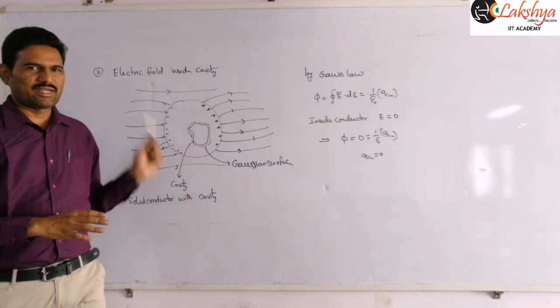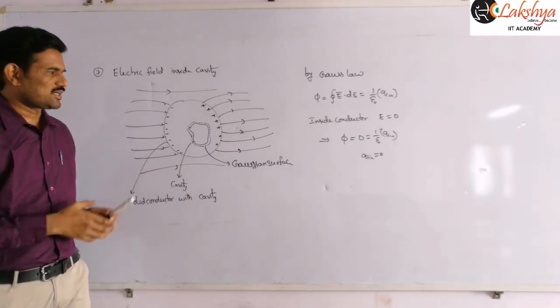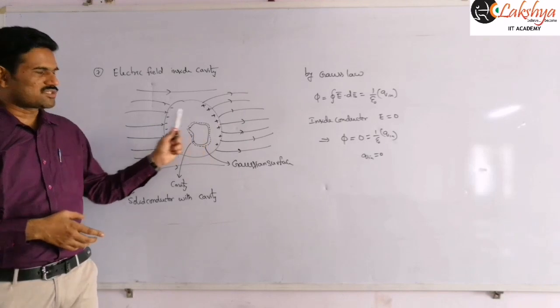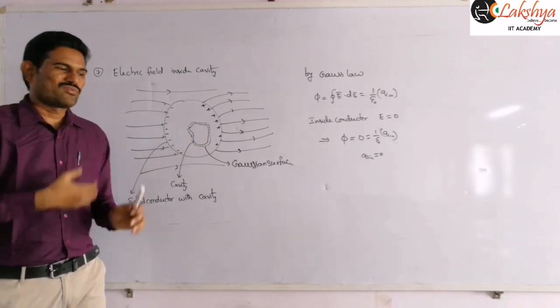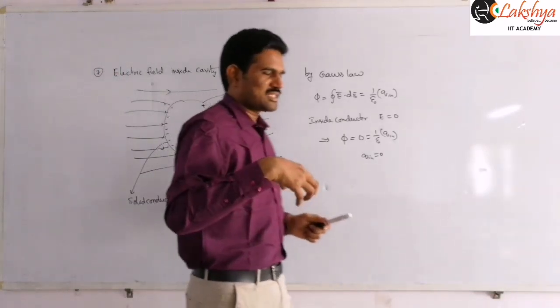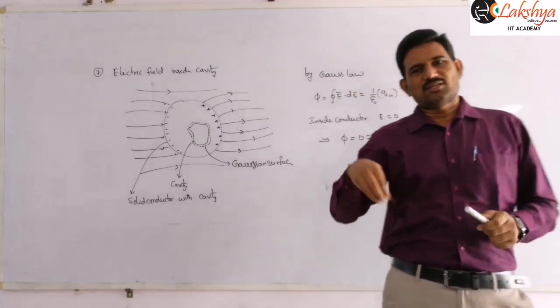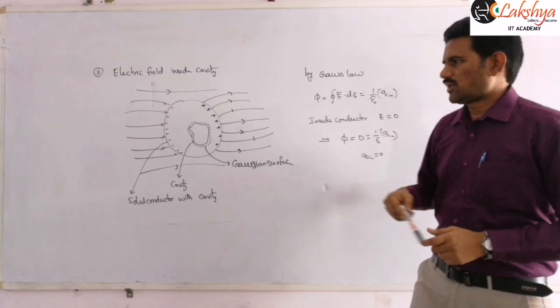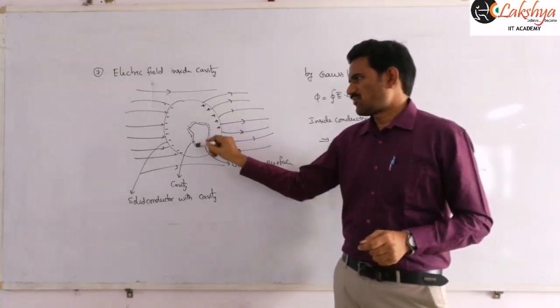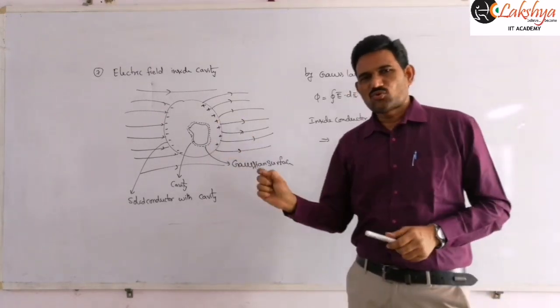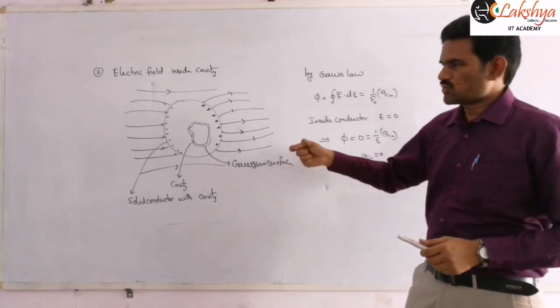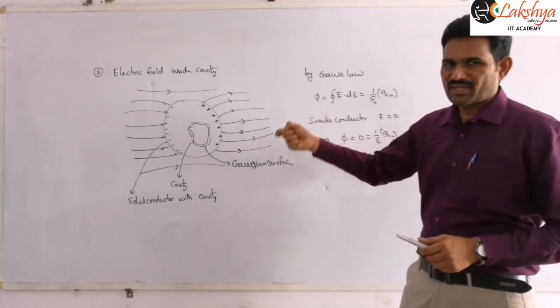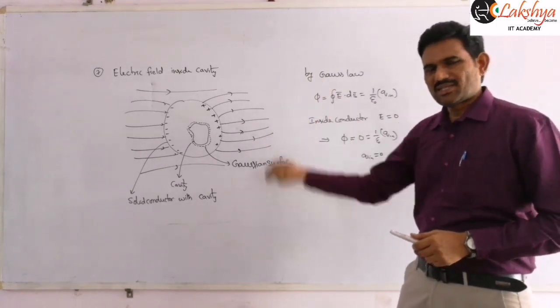We are placing a conductor inside the external field, then we know charges will appear on the surface of the conductor. Now we are checking whether any charges are induced on the surface of the cavity or not. For that, we take a Gaussian surface just outside the surface of the cavity, which is inside the conductor.